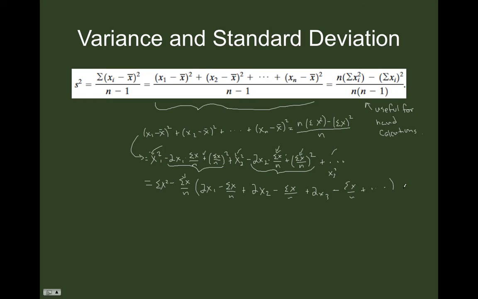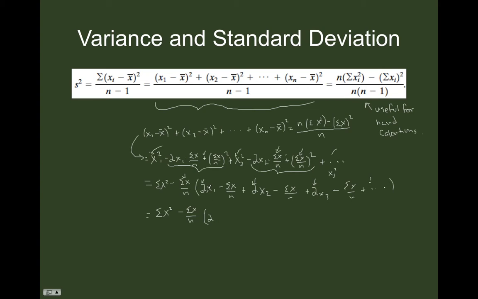So now let's have a look at what's going on in the parentheses here. Okay, so what do we have here? We've got the sum of x squared minus the sum of x over n times, okay, so this 2 here, this 2 here, this 2 here would be a 2 here, and on out to however many nth term, however many there are, could get factored out.